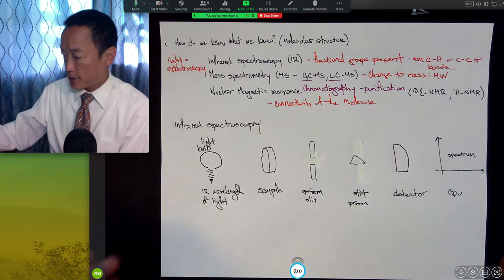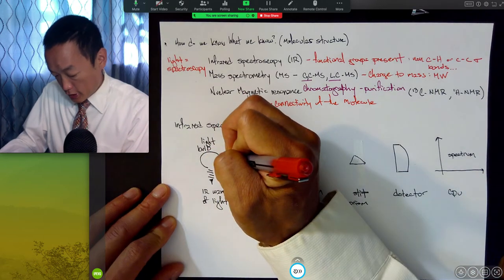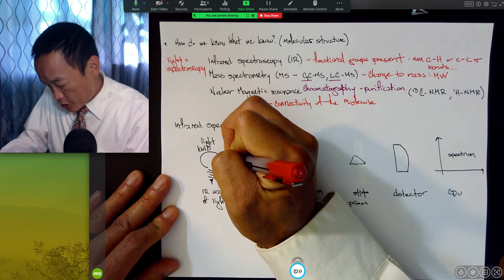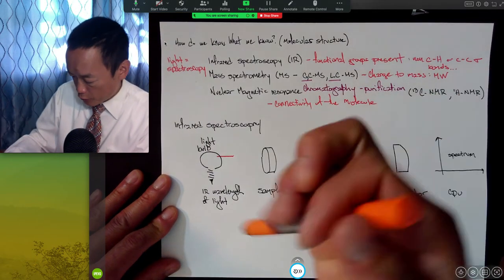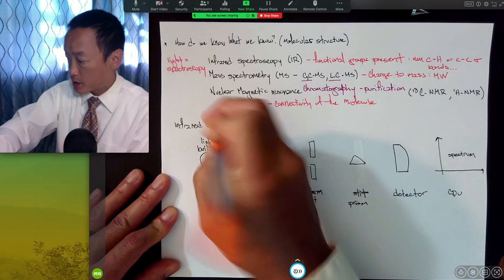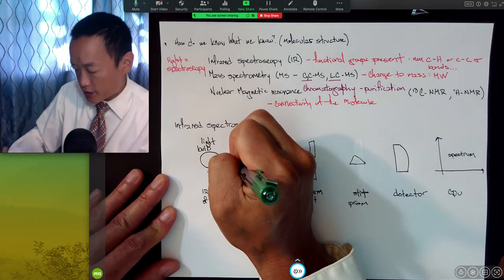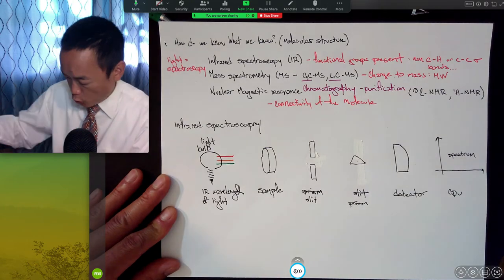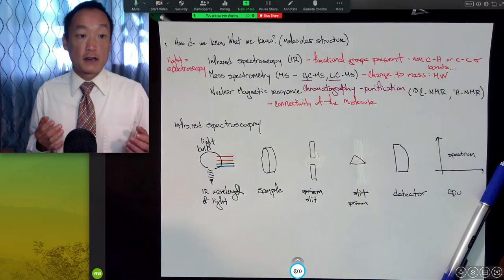But the idea is that this light source is going to generate a few different wavelengths of light. I'm going to capture this with different colors of light to suggest that each and every one of these wavelengths is, in fact, a different energy.